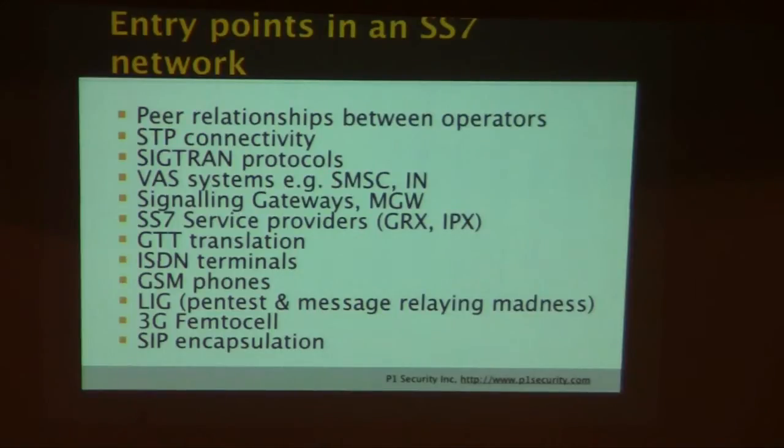What was funny is that the law enforcement and intelligence agencies were trying to social engineer us to give them the attack on the LIG and not to tell it to the equipment vendor of the LIG. Things are very funny in this way.